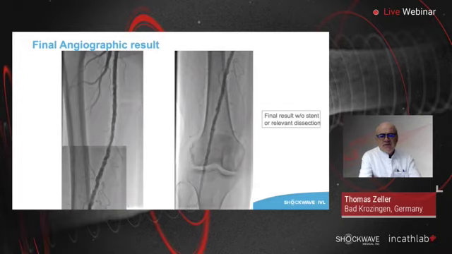So at the level of the adductor channel, there is a mild residual stenosis, which could have been treated with a bigger balloon potentially, but the remaining lesions look very nice, in my opinion.